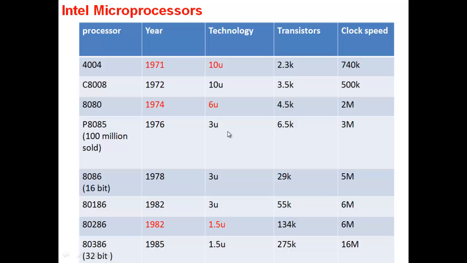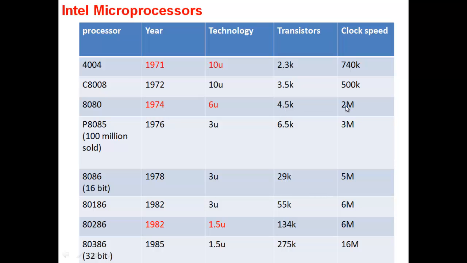Example is Intel itself. So you can see clearly how a microprocessor is a good example of a digital circuit, a large area digital circuit. So you can see how digital circuits or microprocessors evolved. 1971 was 10 micron. 1974, Intel scaled it to 6 micron CMOS transistor. This was 2.3K transistors, became 4.5K.